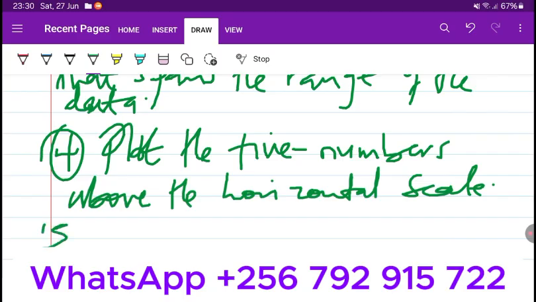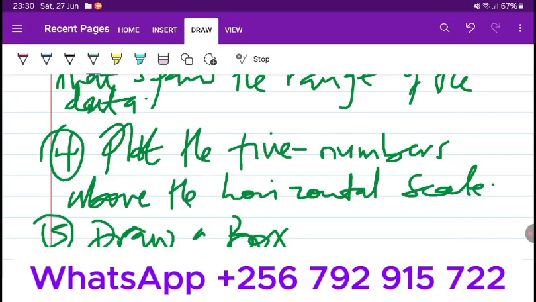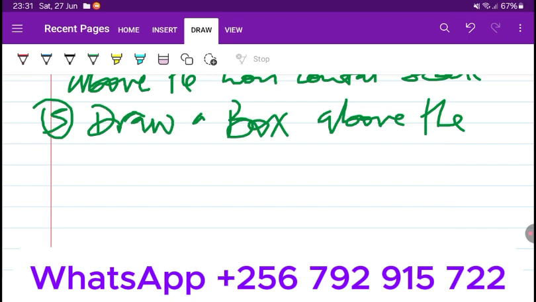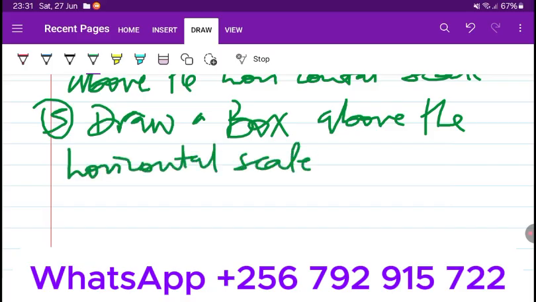Then number 5 is for us to draw a box above the horizontal scale. I will show you how we draw this.